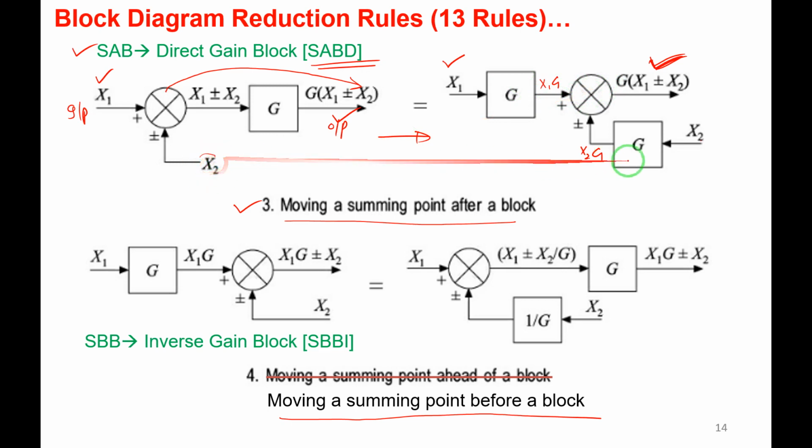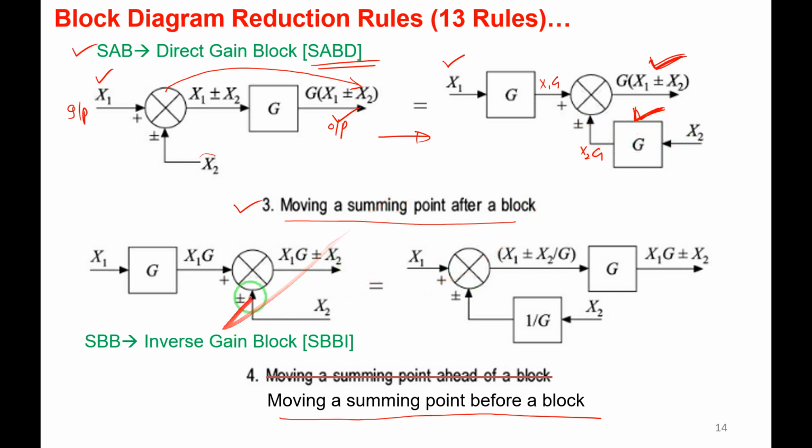But the signal x2 is passing through the direct gain block, G here. Right, this is the gain block. So if I shift the summing point after a block, the signal x2 has to pass through the direct gain block. x2 is passing through the direct gain block and it is added to the summing point. I hope you are getting it: summing point after a block, it has to pass through the direct gain block.